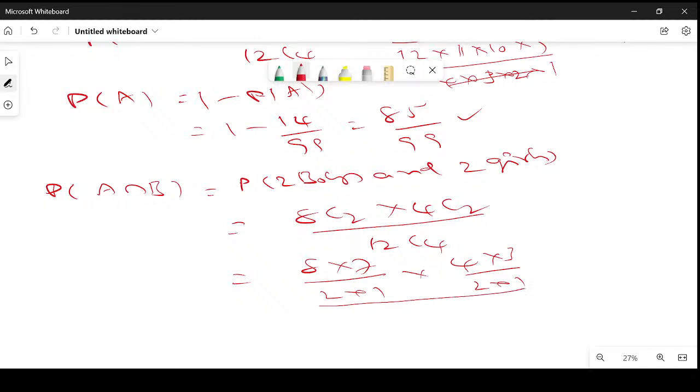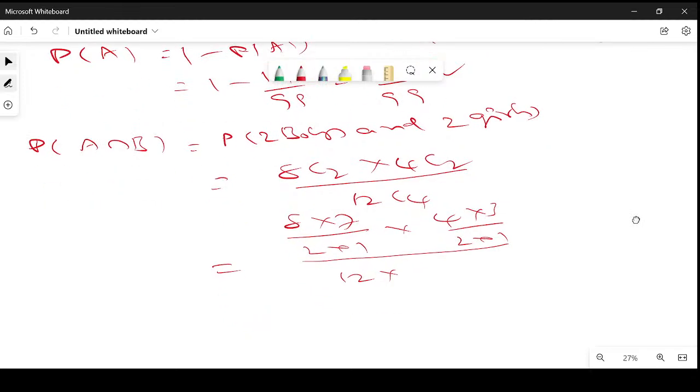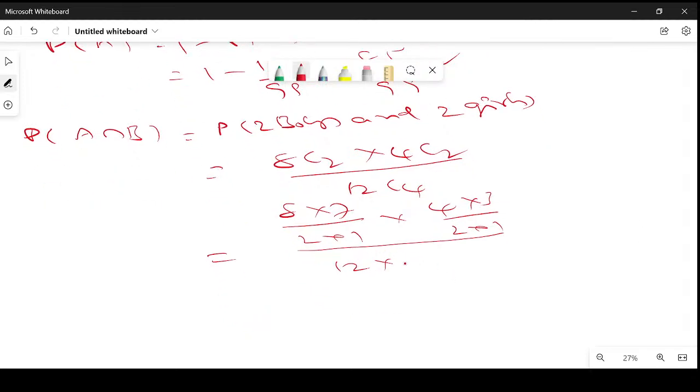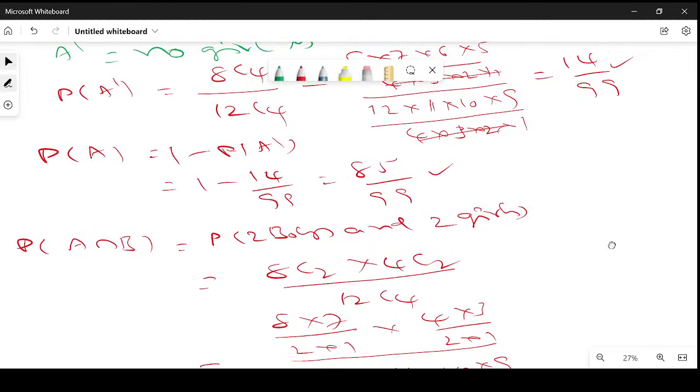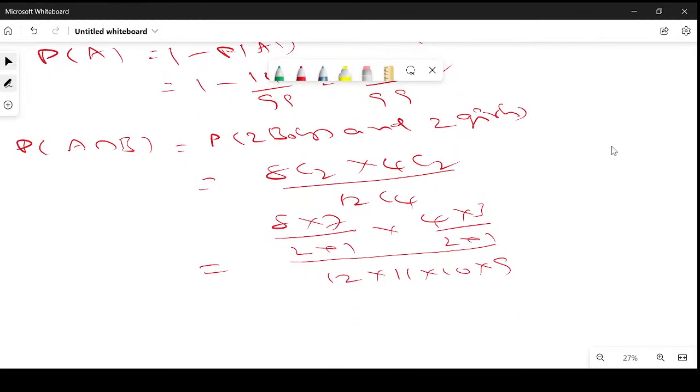By 12C4, I can write 12 into 11 into 10 into 9 by 4 into 3 into 2 into 1.